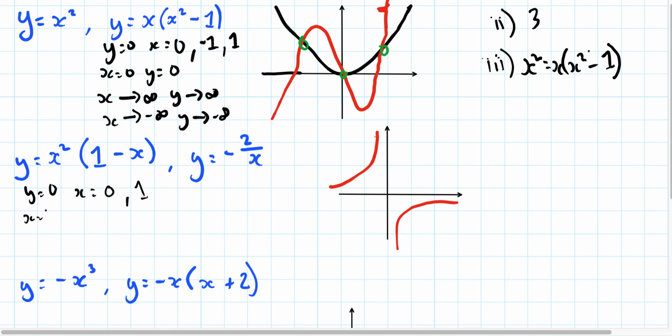When x equals 0, y equals 0, so multiply everything by 0, and taking it to the limits, it's a negative graph. So when x is going to infinity, y is going to negative infinity, and vice versa. When x is going to negative infinity, y is going to infinity. So this graph looks something like this.